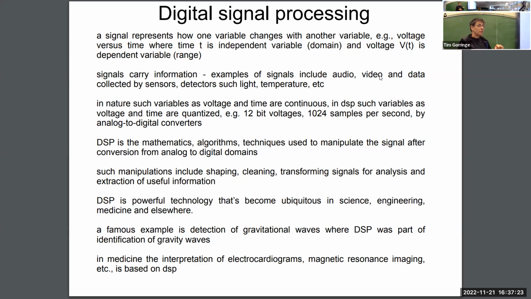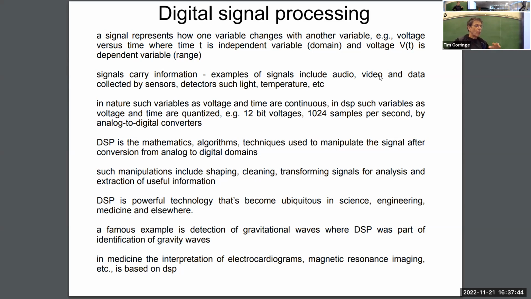In the case of voltage versus time, we might represent our voltages, say, by 12 bits. We can use 12 bits to represent the values of the voltages. And we might represent time by a certain number of samples per second, maybe 1,024 samples per second.